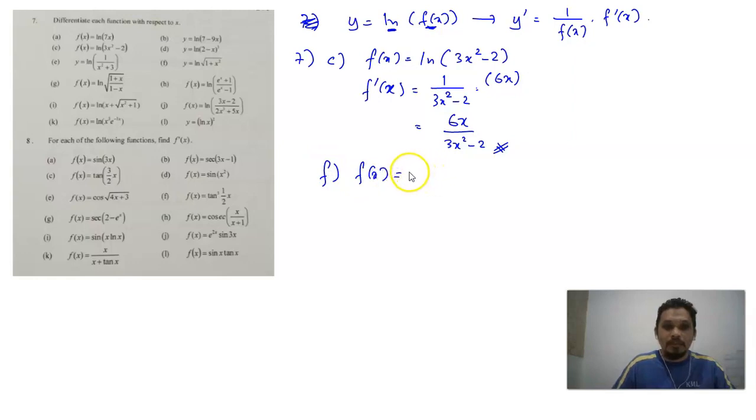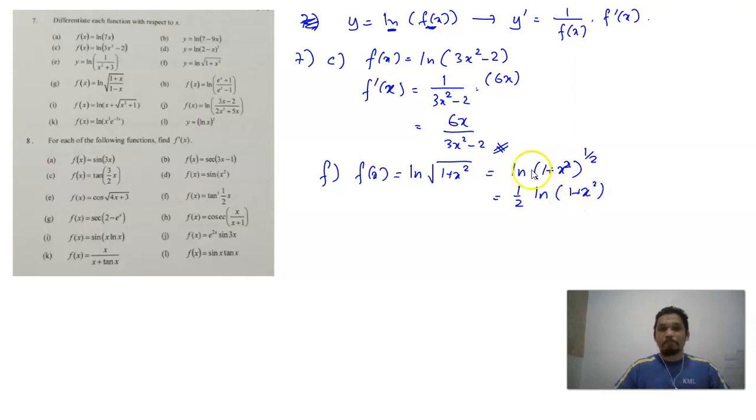Question F. f(x) equal to natural log of the square root of 1 plus x squared, which is equal to natural log of 1 plus x squared, all to the power of half. Square root means power of half, then bring the half in front: 1 over 2 natural log of 1 plus x squared.